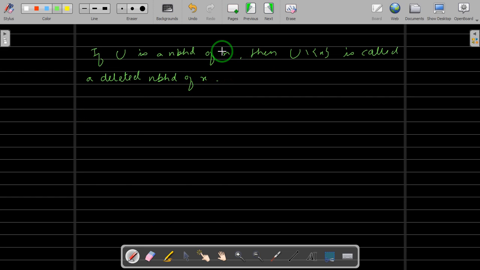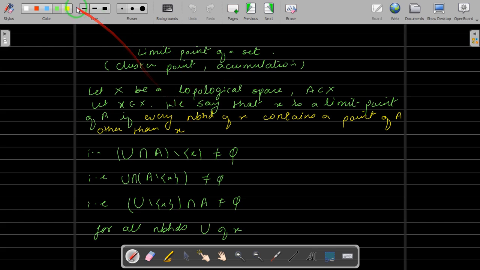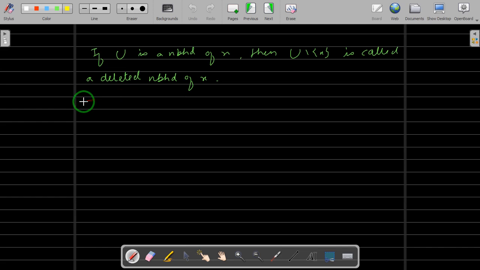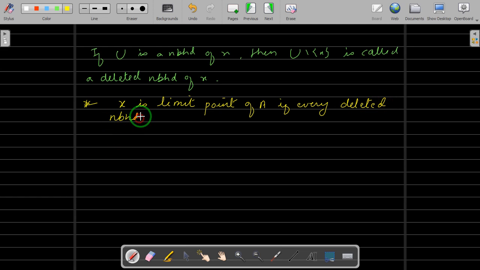With this we can put up this definition in the following way: x is a limit point of A if every deleted neighborhood of x contains points of A, that is, intersects A.